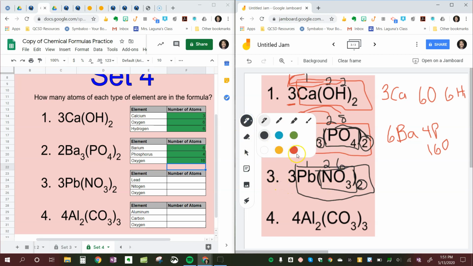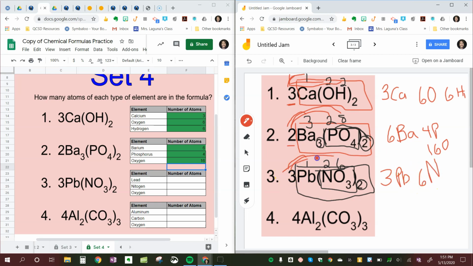Now I'm going to multiply by the coefficient 3. 3 times 1, 3 lead. 3 times 2, 6 nitrogen. And 3 times 6, which is 18 oxygen. And let's try our answer in the boxes. 3, 6, 18.